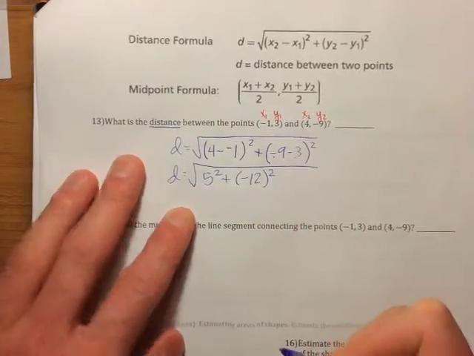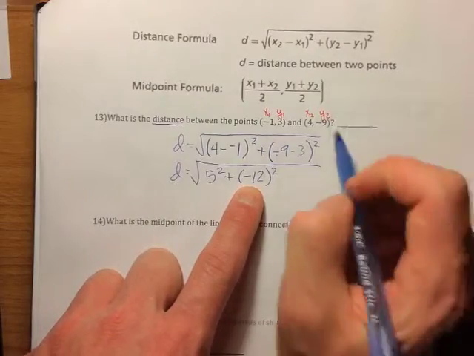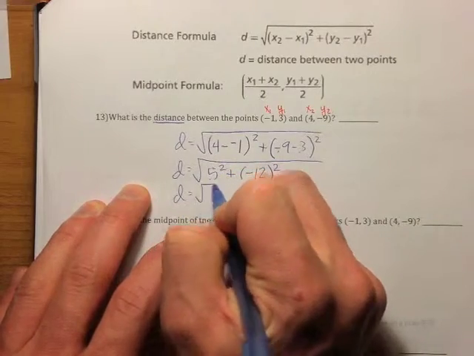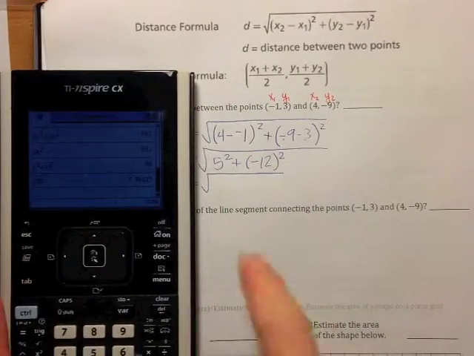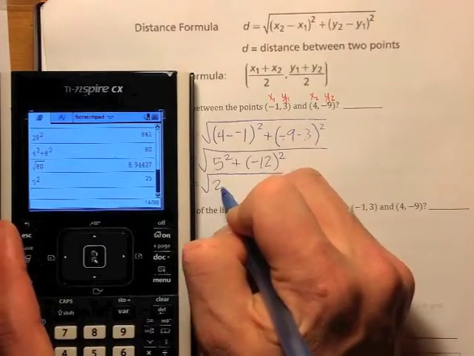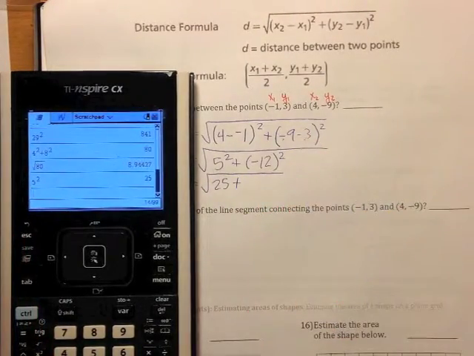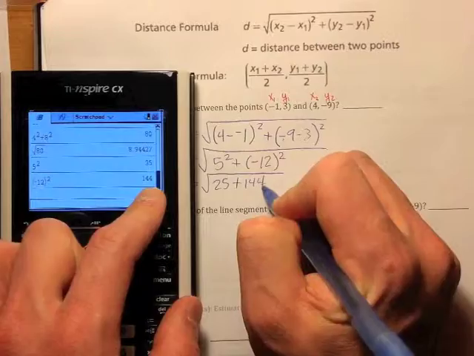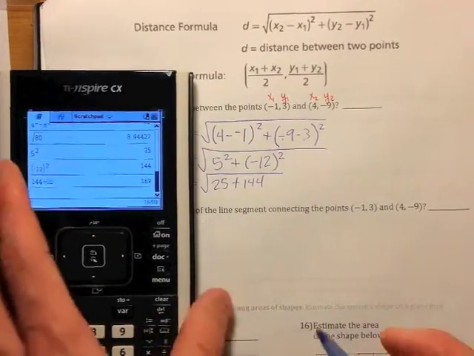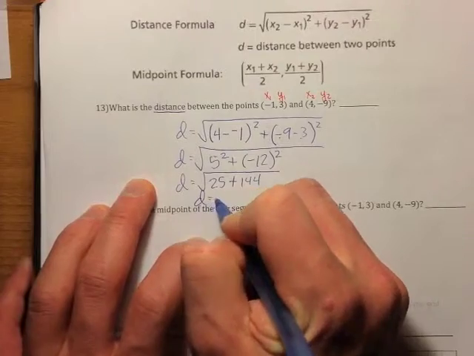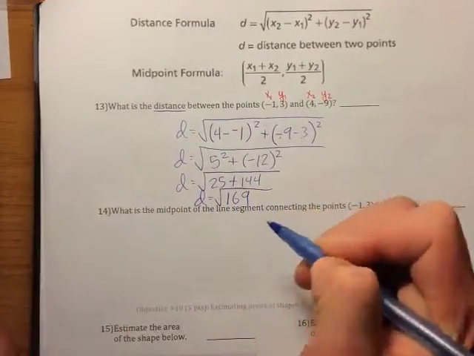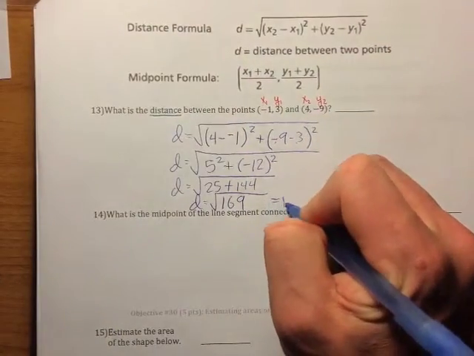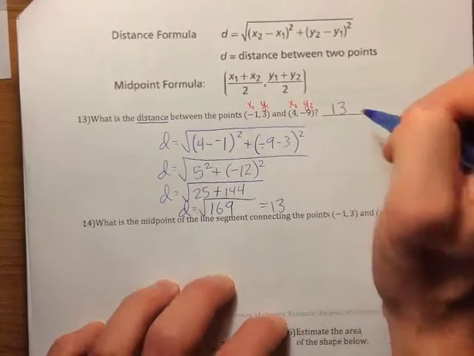I put this in parentheses because I know that when I square a negative, I'm going to get a positive, right? So 5 squared, of course, is 25, plus negative 12 squared is 144, positive. 144 plus 25 is 169. So the distance between the 2 points is the square root of 169, which is 13. Okay? So the distance between these 2 points is 13 units.